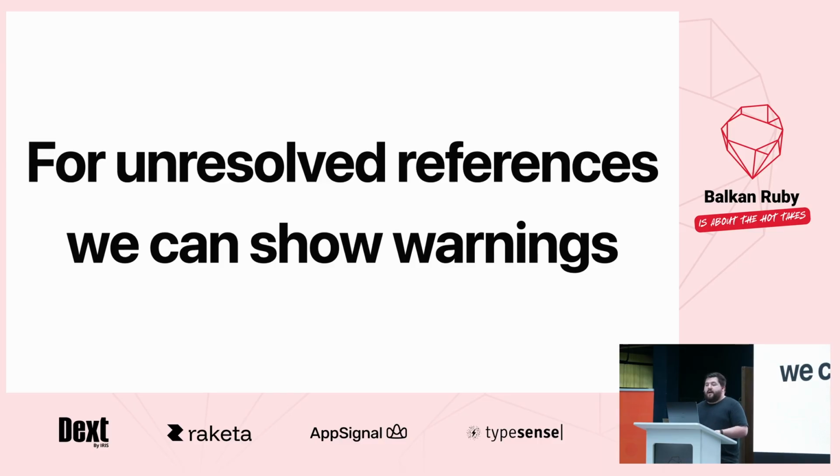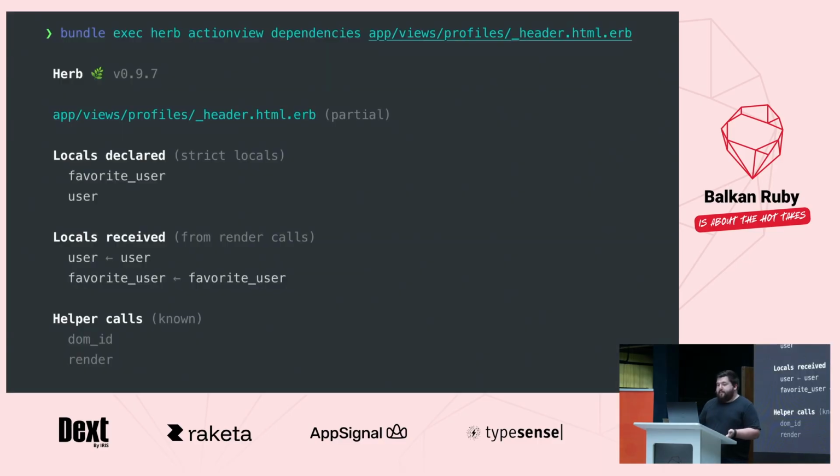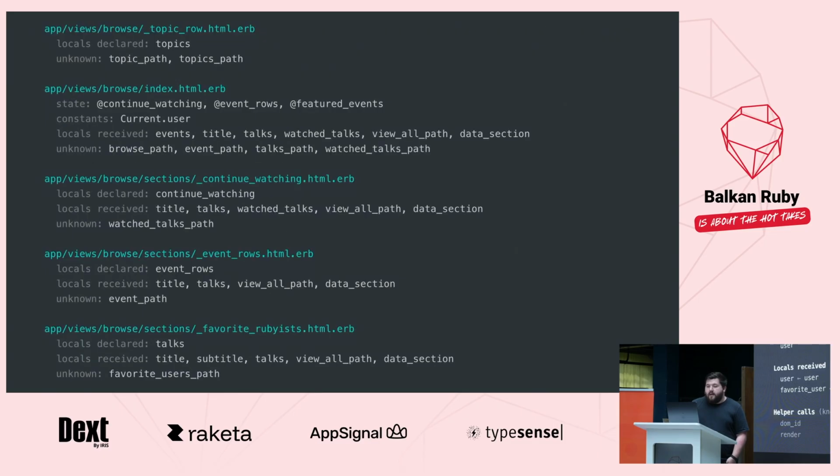So Herb can now take these files, and it can show you here are the locals that are being used, here's the locals it receives from all the render calls, and here are all the helpers it's using inside the template itself. We can also show this for all templates, so we can see which states are being used and so on for all different files we have.